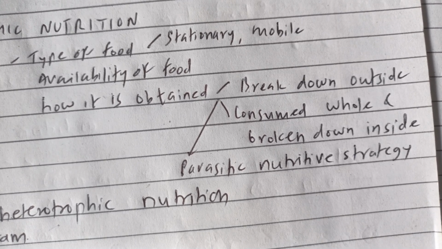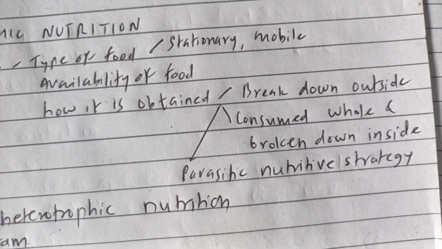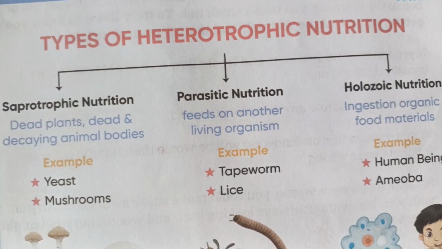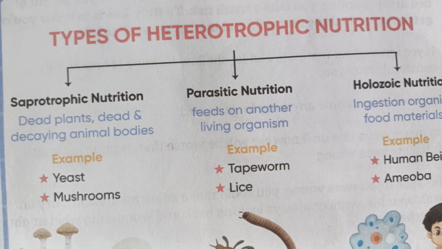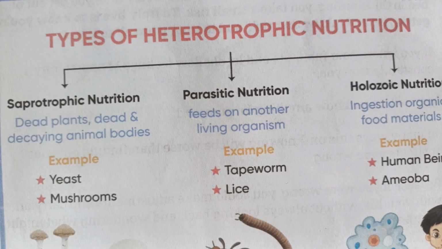So let's discuss three types of heterotrophic nutrition strategies briefly. You don't need to know them in great detail, but let's have a brief introduction. Heterotrophic means you are dependent on plants or other animals to survive for your nutrition.